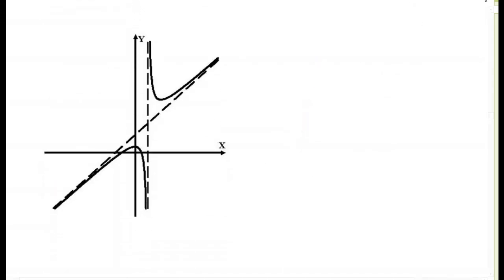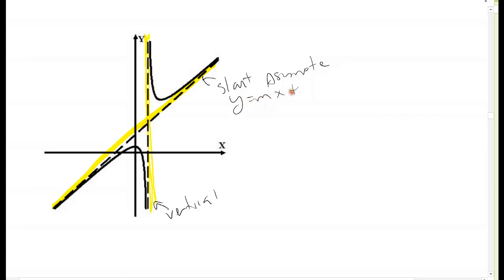And then the last example is the slant or oblique. Again, I like to use slant asymptote. So there's a line, and that's actually a vertical asymptote, and neither one of those can be crossed. This is my slant asymptote, which is a line, so y equals mx plus b.